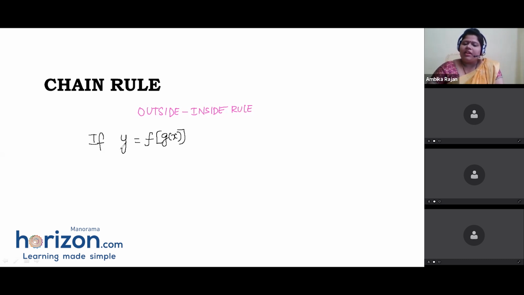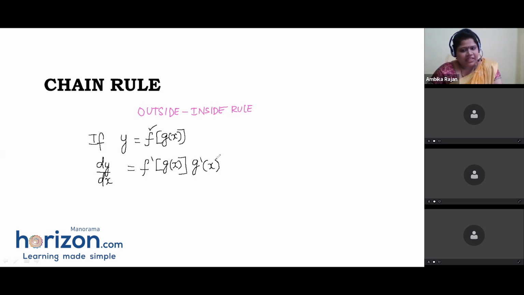Okay, so if it's so, how to find the derivative? The first thing is we will be considering our f, and for that we will be finding the derivative. And then we will be keeping the inside function as it is. Only then will we look into the inside function, and for that we will be taking the derivative.